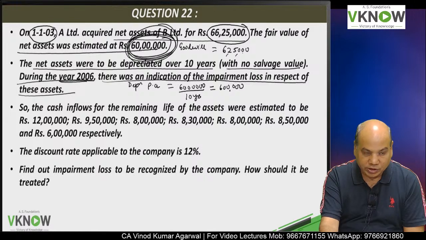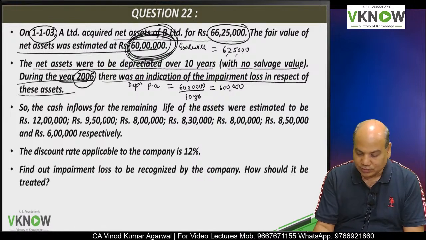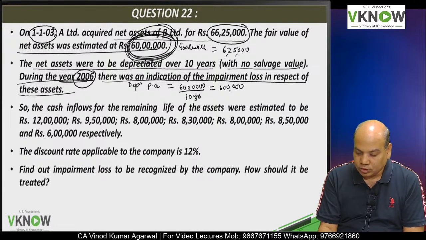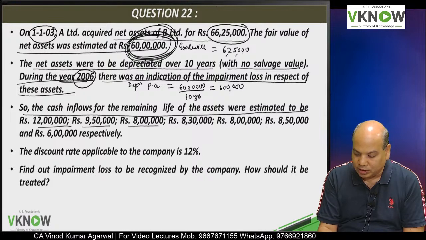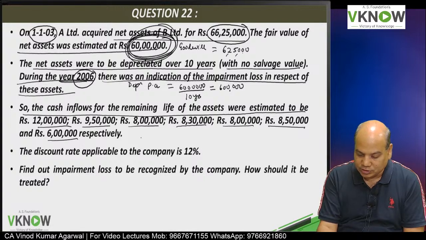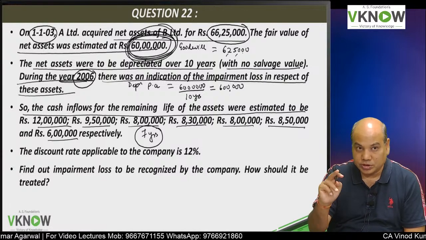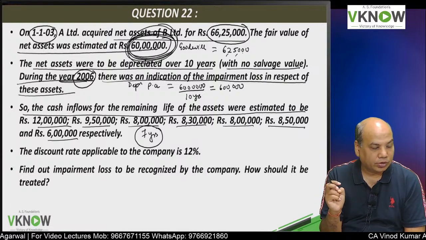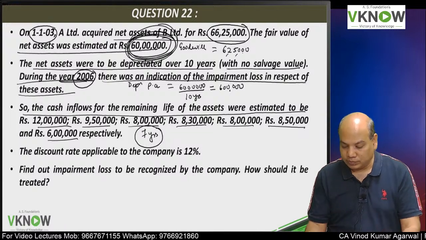This asset was purchased on 1/1/2003. Now it is 2006. The cash flows for the remaining life of the asset were estimated to be 12 lakh, 9 lakh 50 thousand, 8 lakh, 8 lakh 30 thousand, 8 lakh, 8 lakh 50 thousand and 6 lakh. So 7 years of future cash flows have been estimated, which means 3 years are over, out of 10.